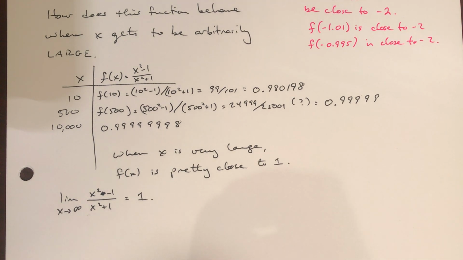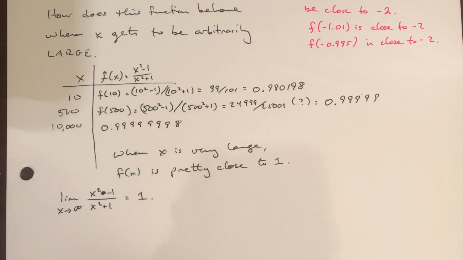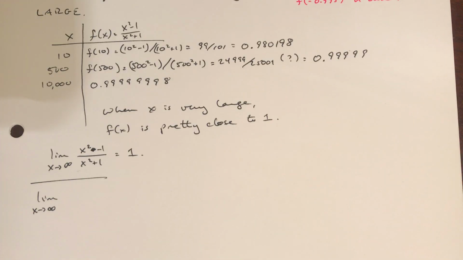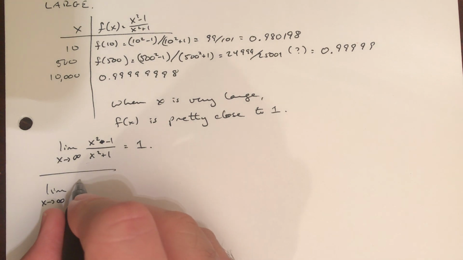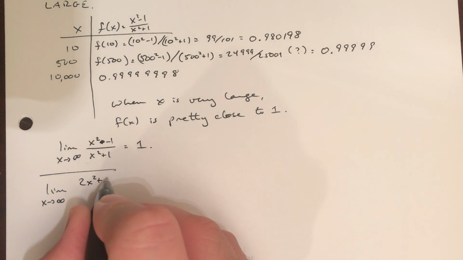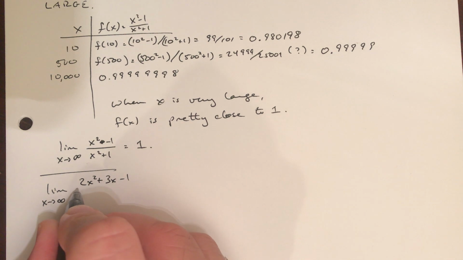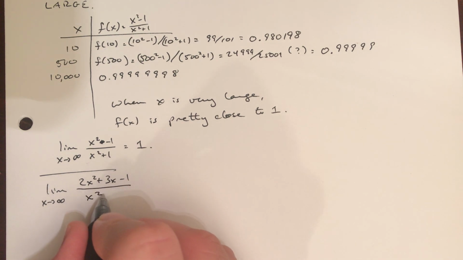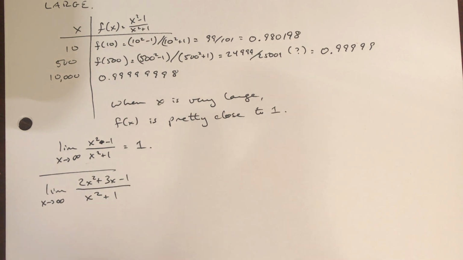Let's try another one. Here we go. Let's find the limit as x goes to positive infinity of 2x squared plus 3x minus 1 over x squared plus 1.